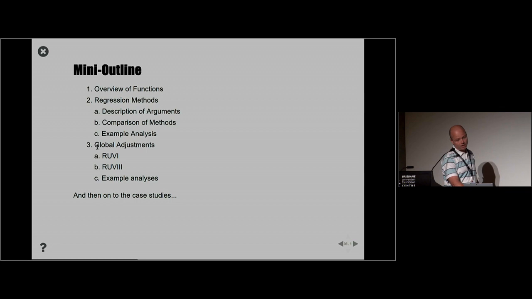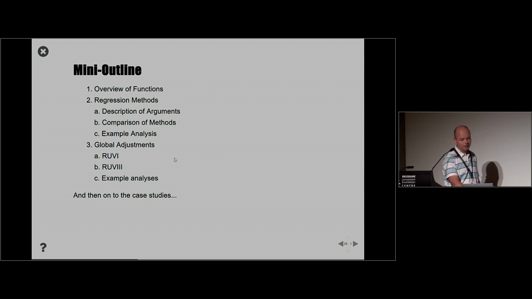So again, global adjustment is in some sense more useful because you can use it for a whole bunch of different purposes, not just doing a differential expression analysis, but statistically and conceptually it's a little bit harder to do, and in particular the global adjustments are what typically require the replicates, whereas the regression methods require just the negative controls.